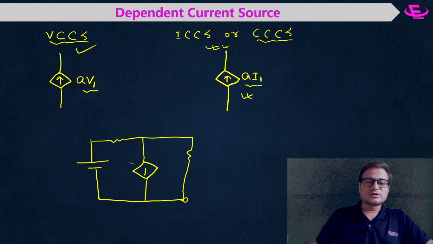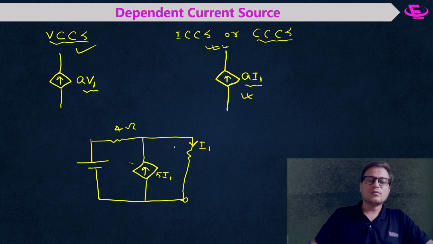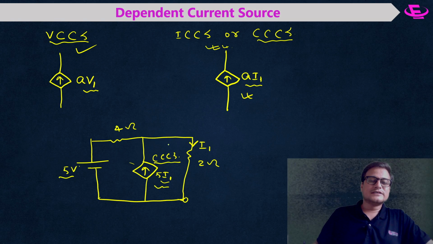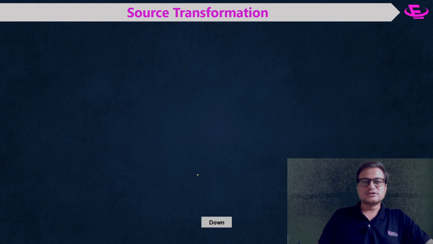Now suppose the source is written as 5 into I1, and I1 is the branch current through this one, this is 4 ohm, this is 2 ohm, this is 5 volt. So you can see this is the example of current controlled current source, CCCS. Similarly, if somebody gives you the plus minus sign, it will become current controlled voltage source. So this is about dependent current source.